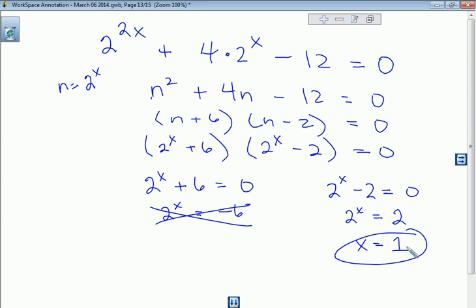There's no way to raise a positive base to a power and get a negative answer. E is a positive number, so this will never equal a negative number. Never. So if one of your factors was 2 to the x plus 2, it wouldn't work out. Right? Okay.